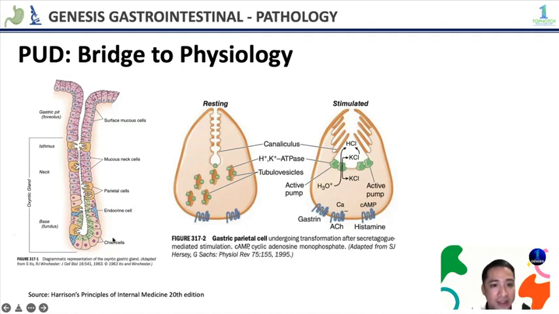You have the chief cells, the parietal cells, the mucous neck cells, and the surface mucous cells. And in this image we also have the parietal cell undergoing transformation after secretagogue-mediated stimulation. These images are lifted directly from Harrison's Principles of Internal Medicine.